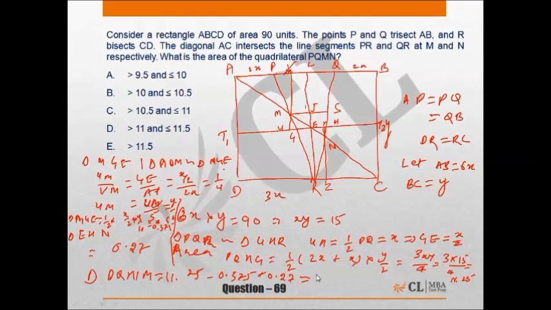This is equal to 11.14, which lies in the range of greater than 11 and less or equal to 15, which is option D.